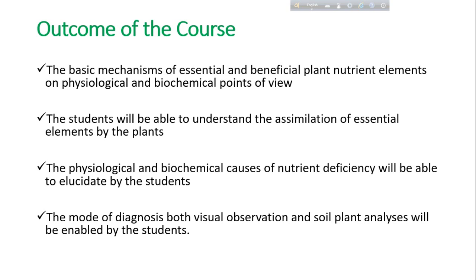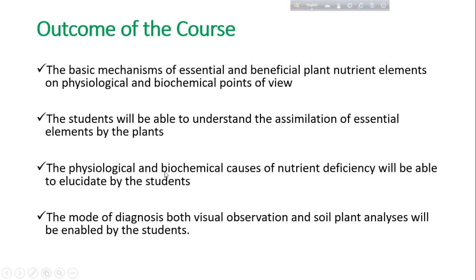What are the outcomes of the course? The basic mechanism of essential and beneficial plant nutrient elements from physiological and biochemical points of view. The students will be able to understand the assimilation of essential elements by the plants.